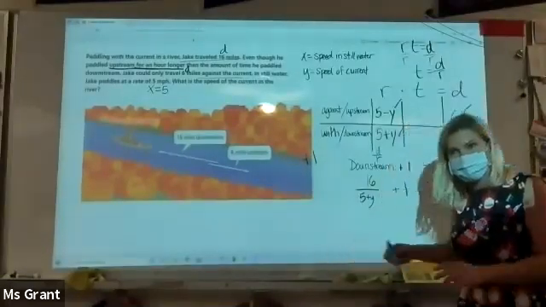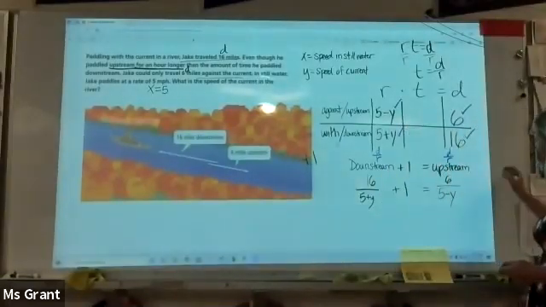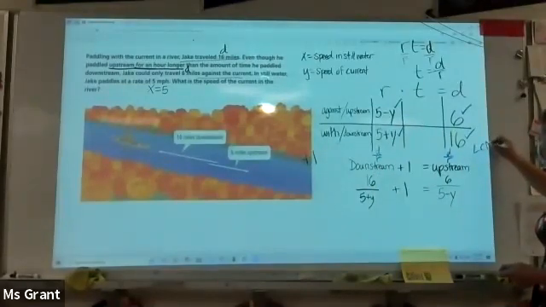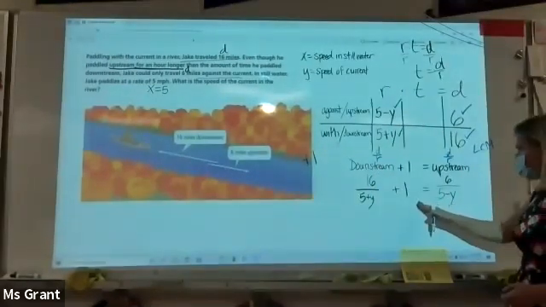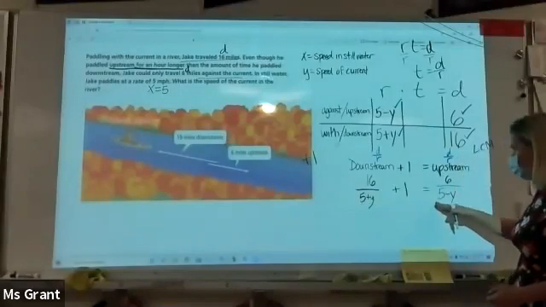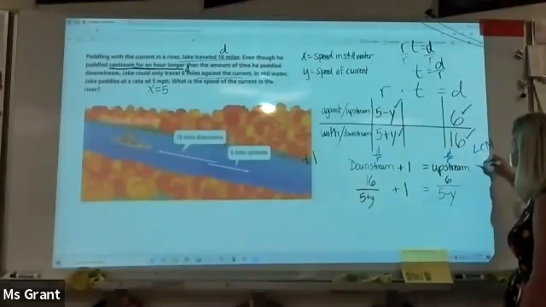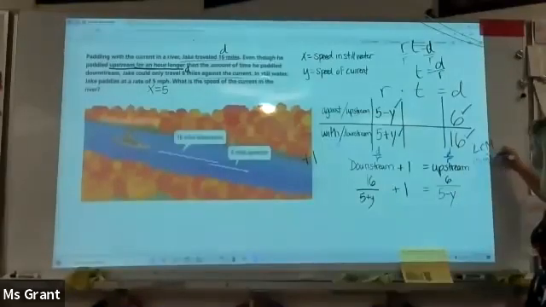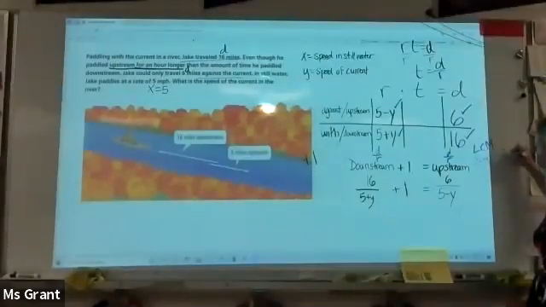So I'm going to have you now talk about the LCM. Well, look, 5 minus y, 5 plus y, those are the only denominators. That's it. 5 plus y, 5 minus y.